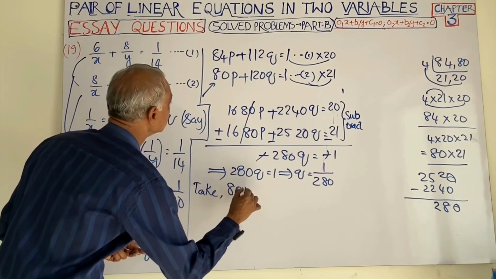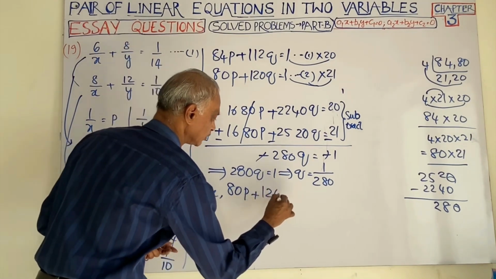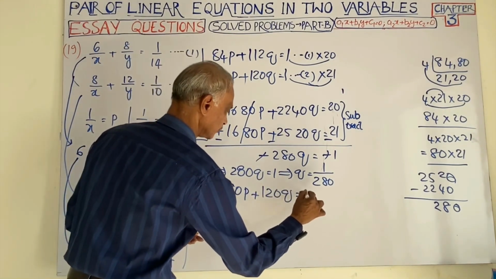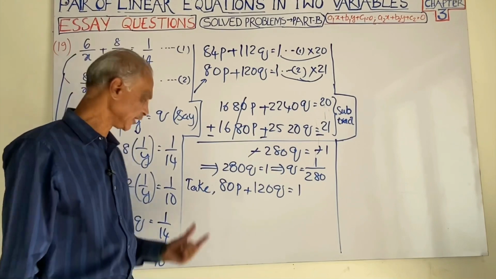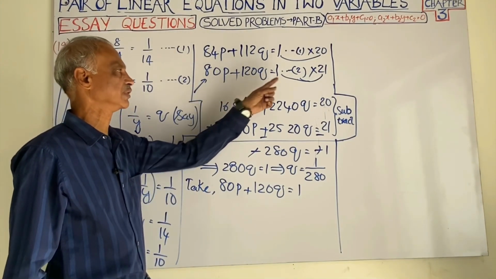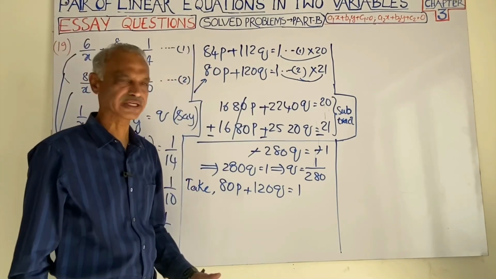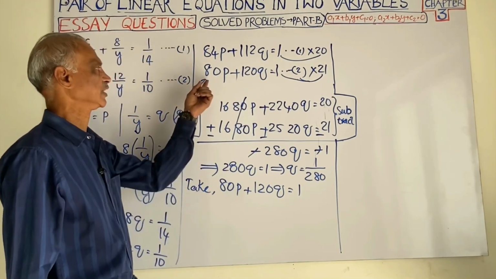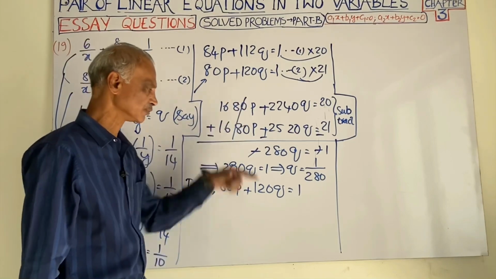Now take the second equation, 80p plus 120q is equal to 1. One of these two equations you can take. It is easy for you if you take 80p plus 120q is equal to 1.